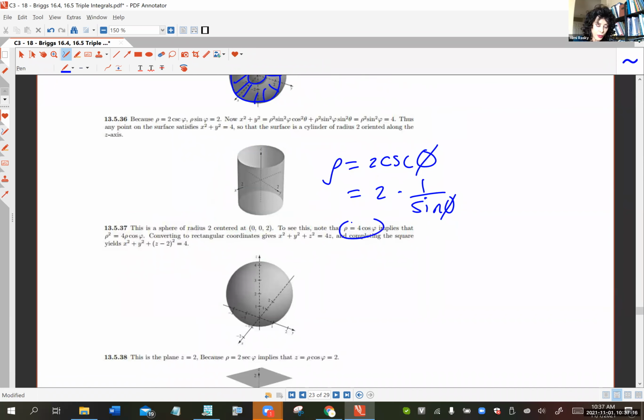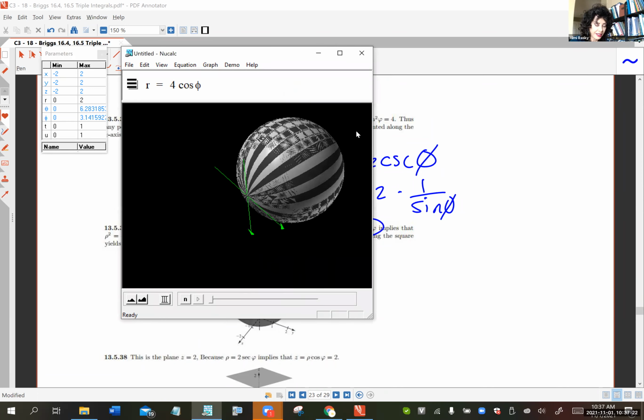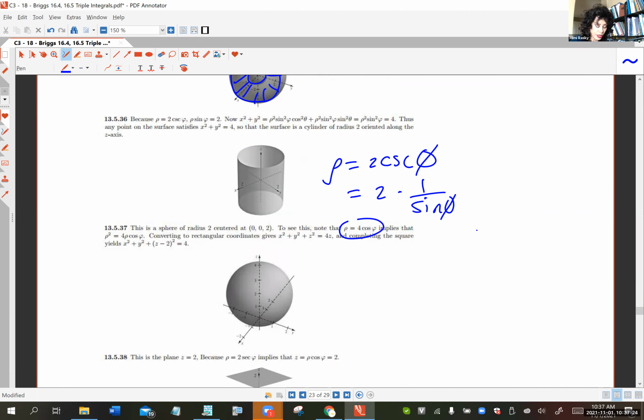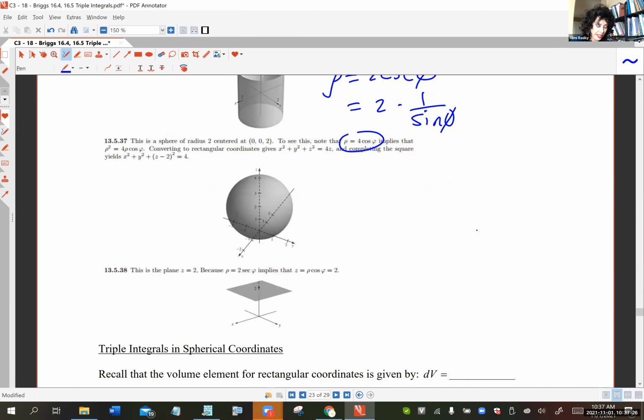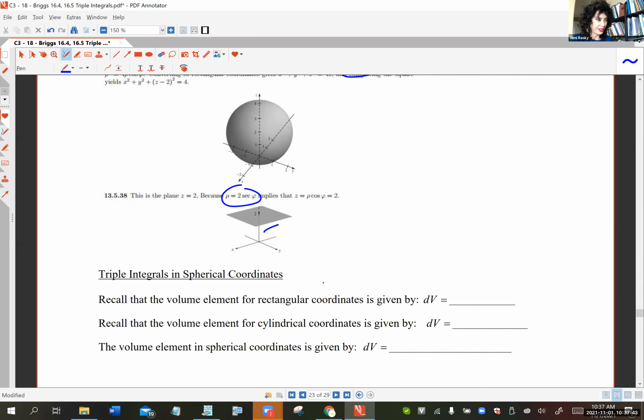And rho equals 4 cos phi, well, we just saw what that looks like. It's a sphere not centered at the origin. And then this one, rho equals 2 cosecant phi, turns out to be a flat plane. Interesting. So planes are not the type of surfaces where I would convert to spherical coordinates, though. Yeah, not a good point.